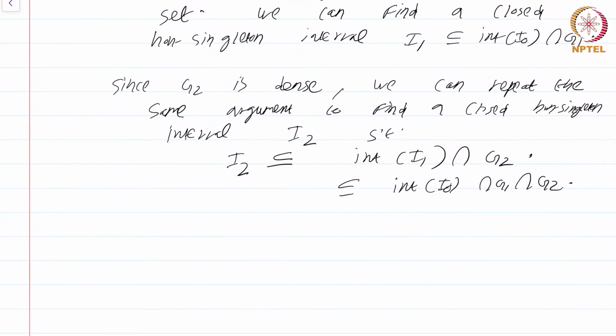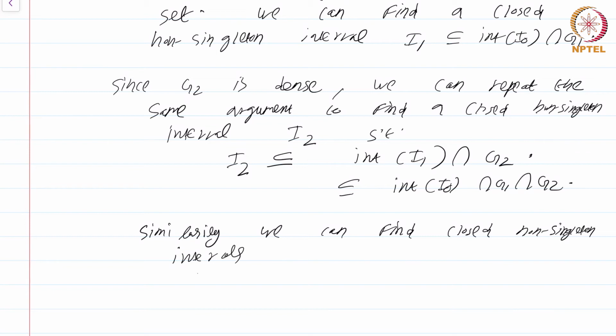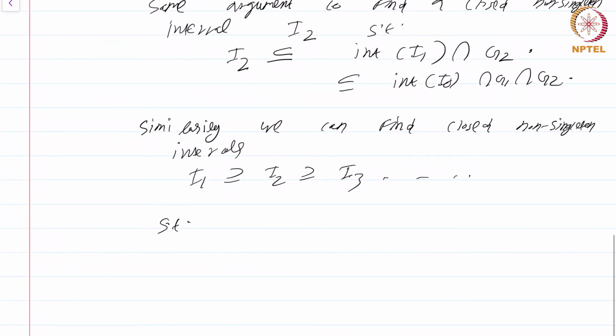Okay. Similarly, we can find closed non-singleton intervals I1 containing I2 containing I3 and so on, such that In is contained in interior of I0 intersect G1 intersect G2 and so on up to Gn.